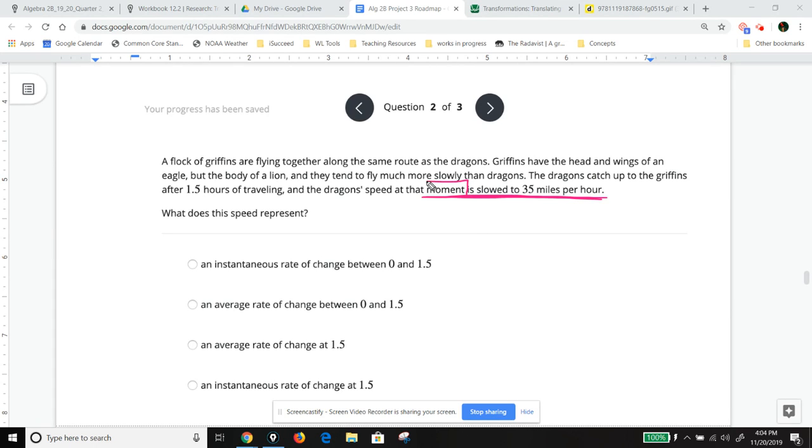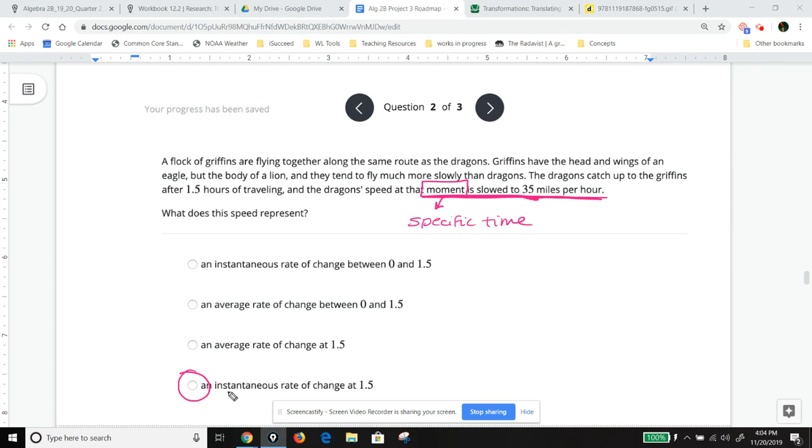This idea is really important because at that very moment, they are slowing down to a very specific speed. So this is not the average rate of change. This is very specific, saying at exactly this moment in time, they slowed down. This is what we describe as an instantaneous rate of change.